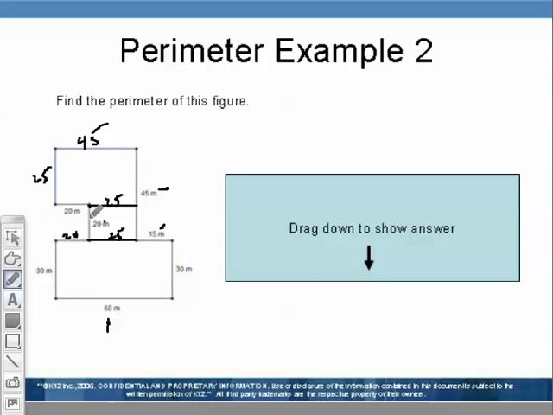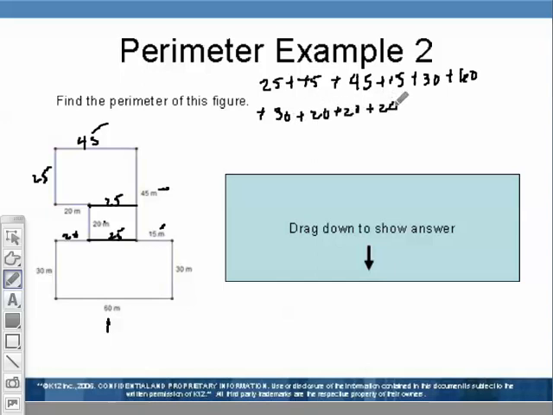Now, you could go about figuring the perimeter of this one simply by adding all the values up or using their formulas if you want to. 25 plus 45 plus, excuse me, I had to cough, 15 plus 30 plus 60 plus 30 plus 20 plus 20 plus 20.